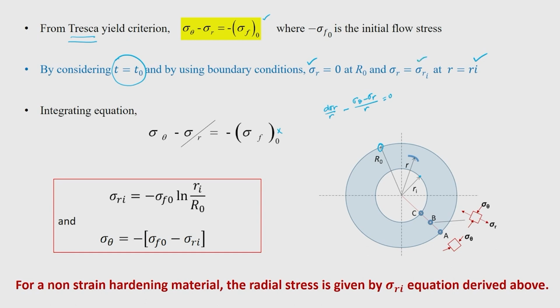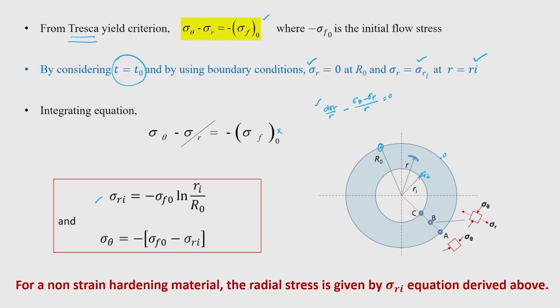So sigma r will be sigma ri here and it will be 0 here. It is going to vary between these two, and let us integrate this equation by taking T is equal to T naught and applying this boundary condition. You will see that you get a simple equation: sigma ri will be equal to minus sigma f naught ln of ri by r naught.